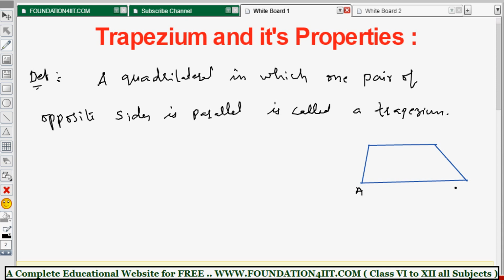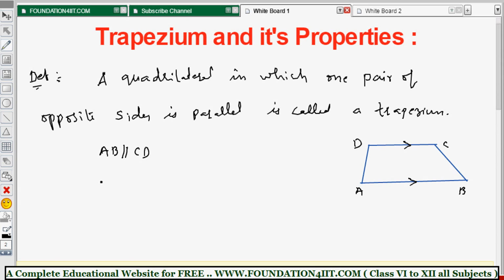Vertices A, B, C and D. Here AB is parallel to CD. So one pair is parallel. In this figure ABCD is a quadrilateral in which AB is parallel to CD, so according to the definition, ABCD is a trapezium.